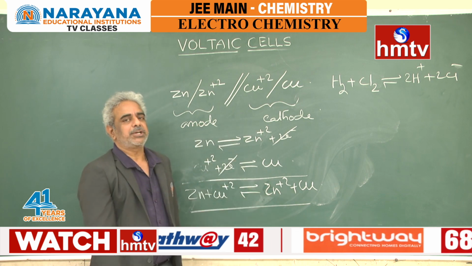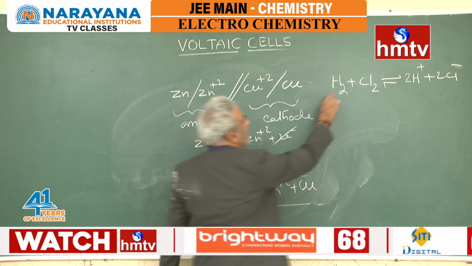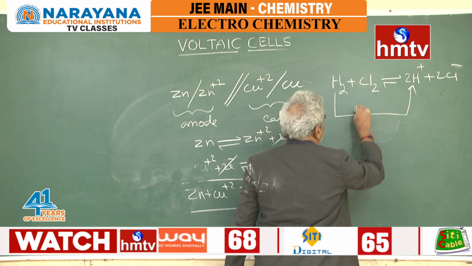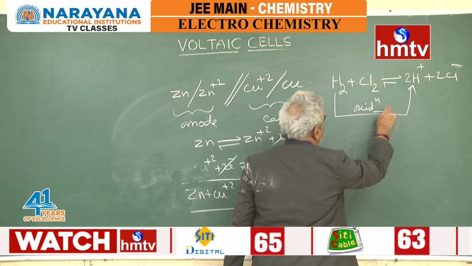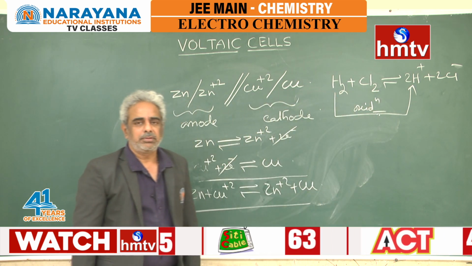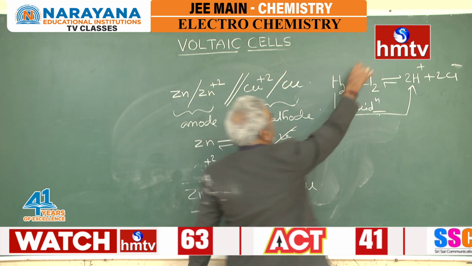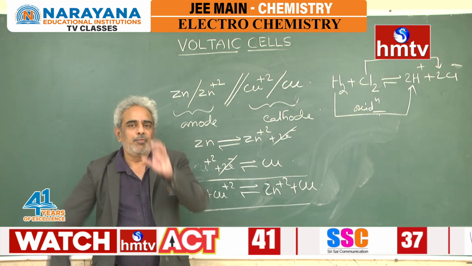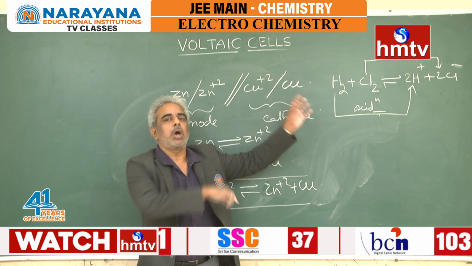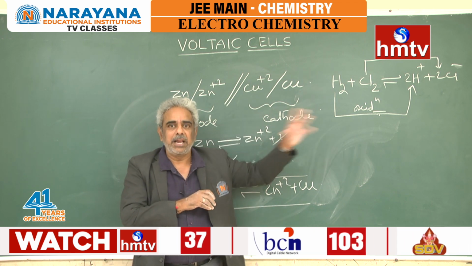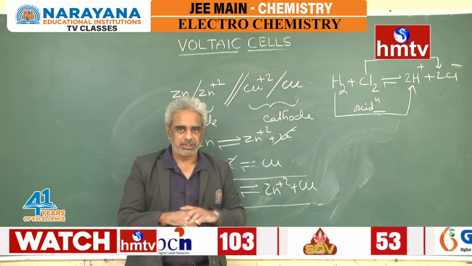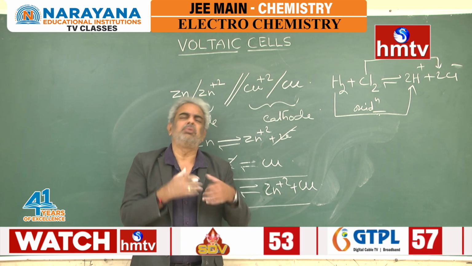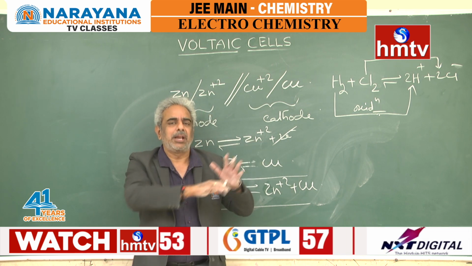Who is undergoing reduction? See, very easy to say this is oxidation because there is an increase in the oxidation state of hydrogen, and this being a reduction. So, which electrode? You can now call it a cell because it's a redox reaction. Every redox reaction you can regard as a cell.